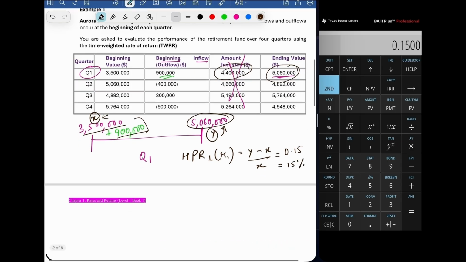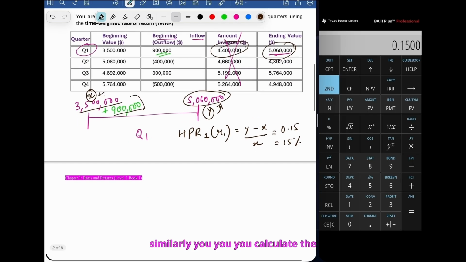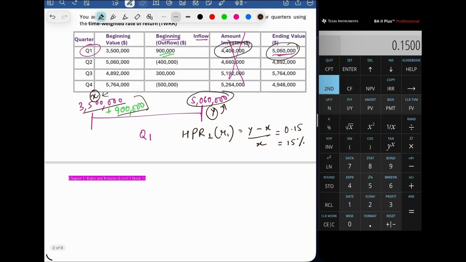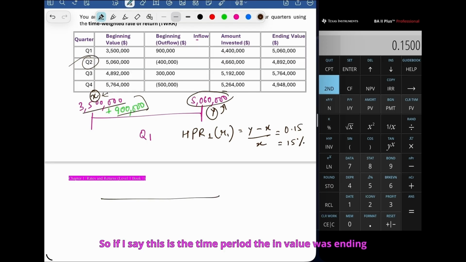Alright. Similarly, you calculate the holding period return for the second period. So if I say this is the time period, the ending value was this, the value has become this.